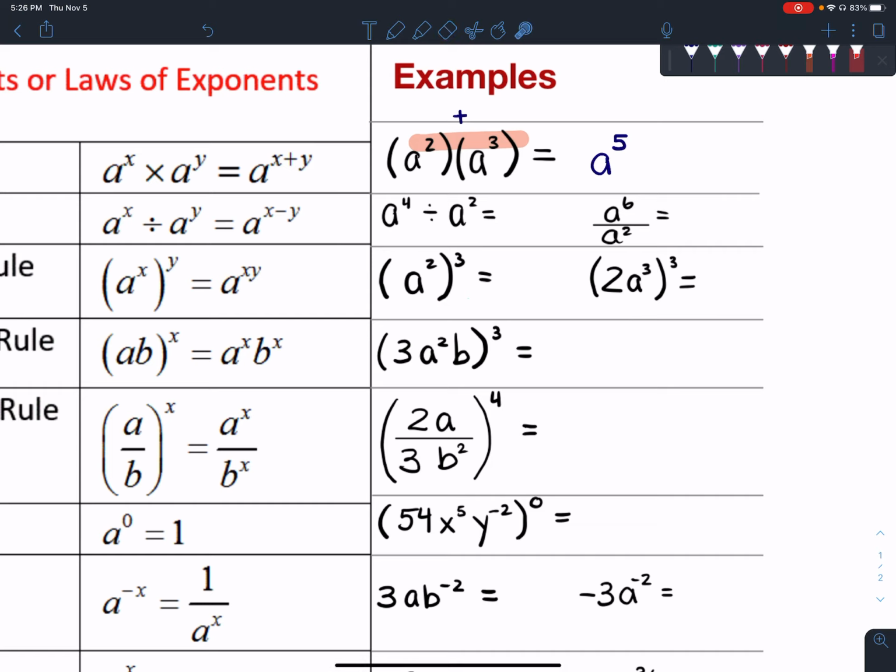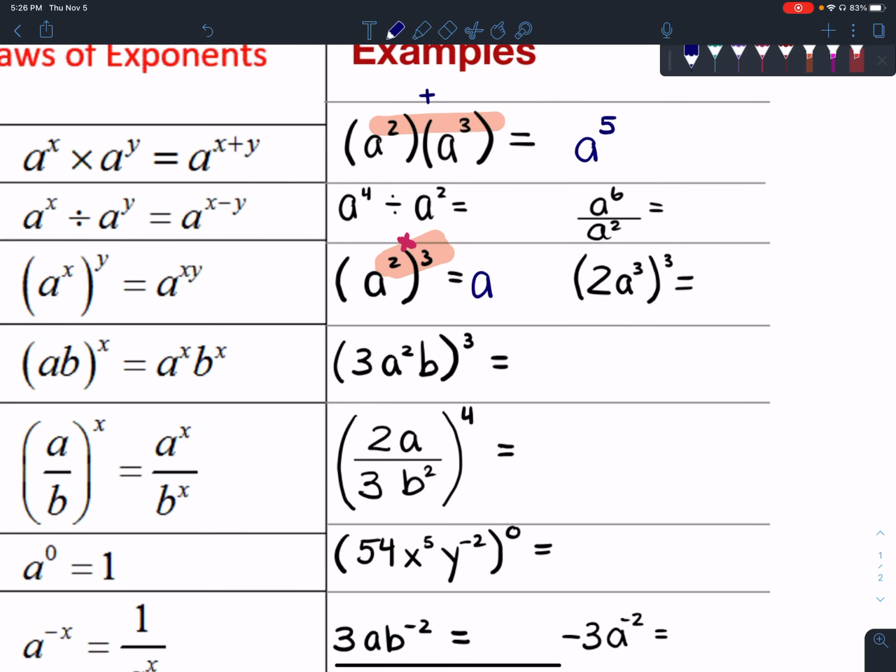When you have this situation of an exponent raised to another exponent, then here you should be multiplying these two numbers. So this is a multiplication. You're going to have a to the power of 2 times 3. So that would be a to the 6. So that is the main difference here.